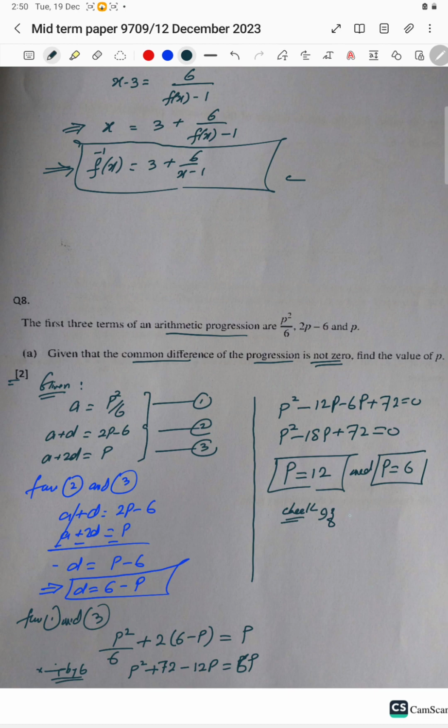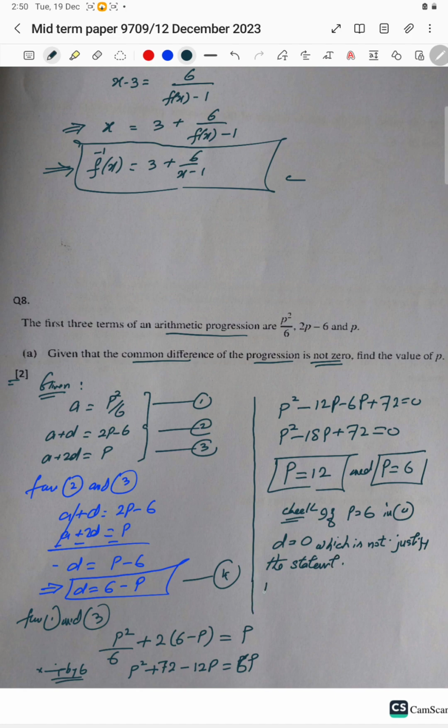If I replace p equal to 6 here in equation 4, d becomes 0, which is not possible, which contradicts the situation, you cannot justify the statement.